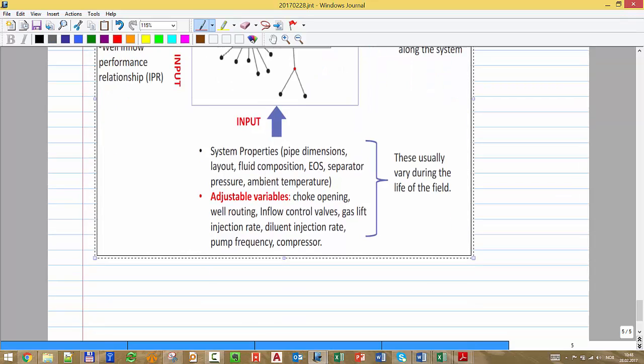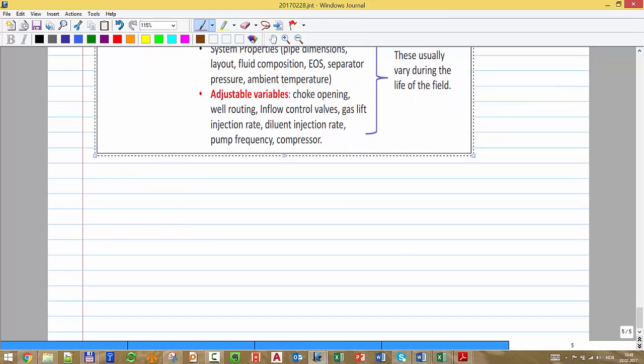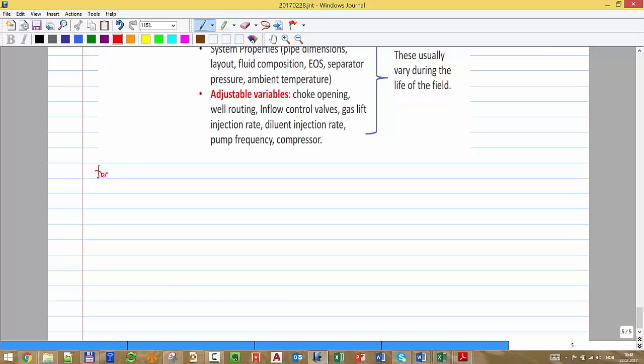Okay, so just to give you an example, for the 2 well case, well system with wellhead chokes, okay, so let's have, we are about to finish, so don't be stressed.